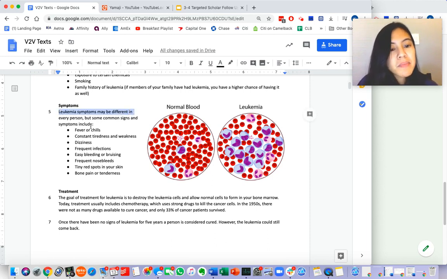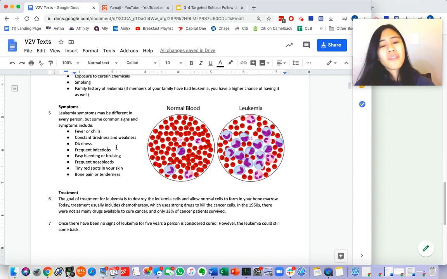Leukemia symptoms may be different in every person, but some common signs and symptoms include fever or chills, constant tiredness or weakness, dizziness, frequent infections, easy bleeding or bruising, frequent nosebleeds, tiny red spots in your skin, or bone pain or tenderness. Friends, that does not sound like that would be a pleasant experience for someone who has leukemia.